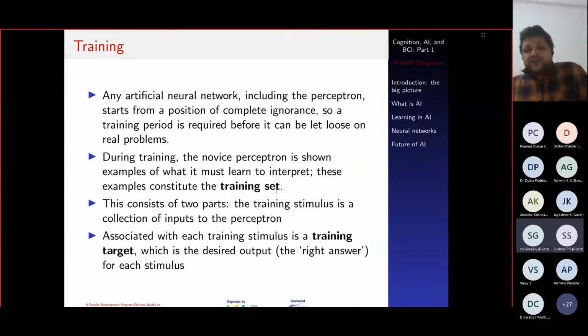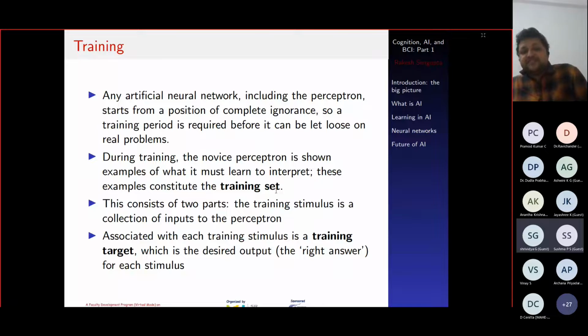Any artificial neural network, including the perceptron, starts from a position of complete ignorance. So a training period is required where it can be let loose on real life problems. During training, the novice perceptron is shown examples of what it must learn to interpret. These examples constitute the training set, and they have two parts. The training stimulus is a collection of inputs to the perceptron.